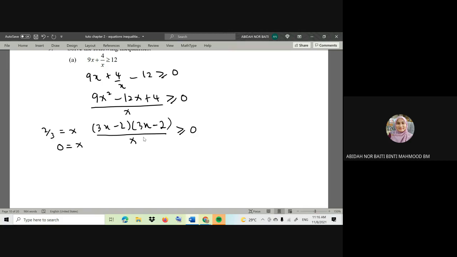Boleh ya? So your table of sign will start from negative infinity, 0, 2 over 3, infinity. Kalau ada dua sama tu kena buatlah 3x minus 2, 3x minus 2, and x.